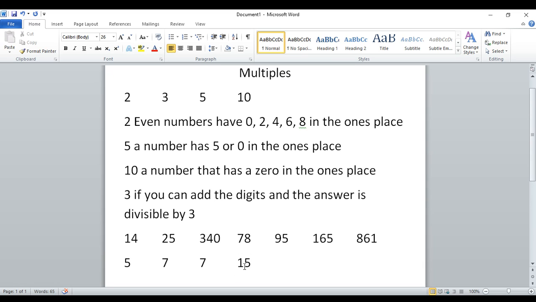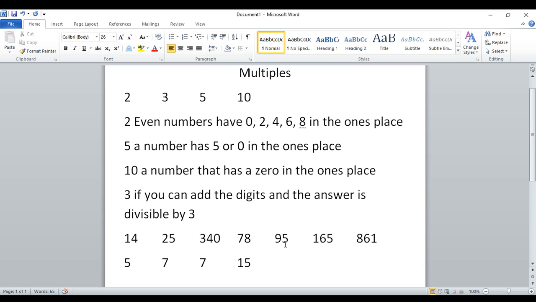And so 3 will go into 78. And if you want to get out your calculator and check that, you can say that 78 divided by 3 will be 26. So 78 will be a multiple of 3. So you could circle this one for 3.